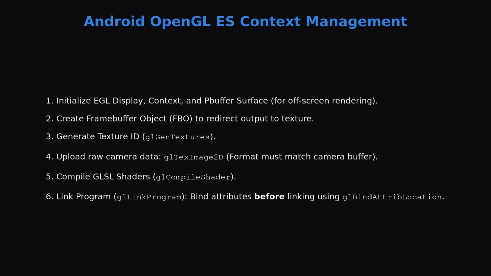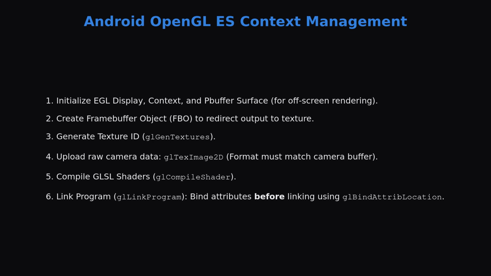Generate a unique texture ID using glGenTextures. Upload the raw camera frame data directly to this texture using glTexImage2D or glTexSubImage2D. Ensure the texture format parameter perfectly matches the format of the incoming camera buffer, such as RGBA or YUV.